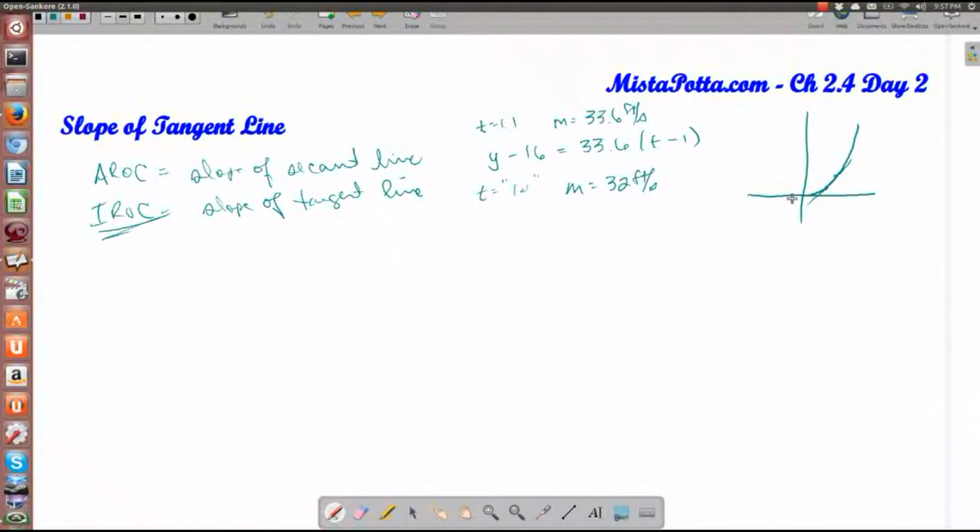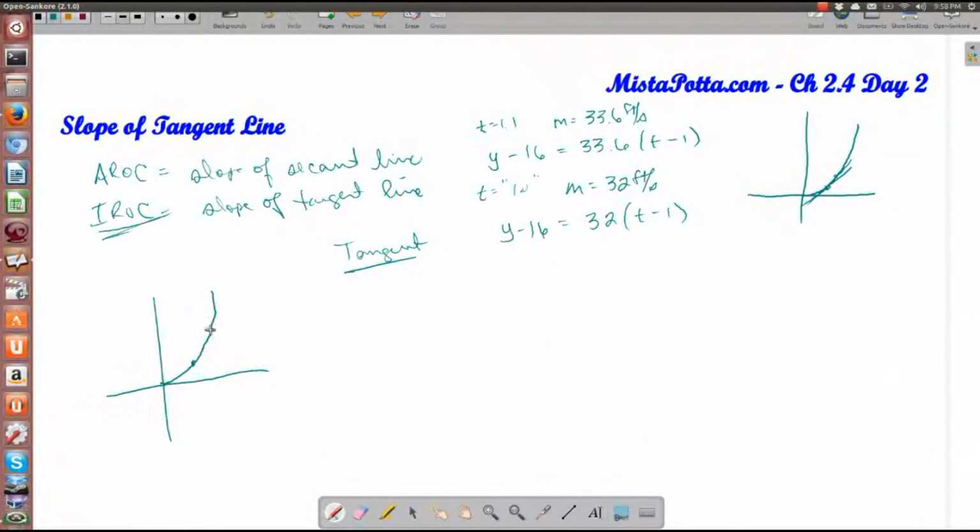And because this is an instantaneous rate of change, this actually gives me a tangent line because it only touches at the 1 point. Now it is a little less steep than the previous line, but when I do the equation of the line using the exact same format, this is actually going to be a tangent line.